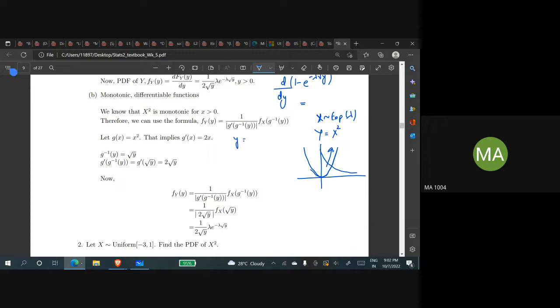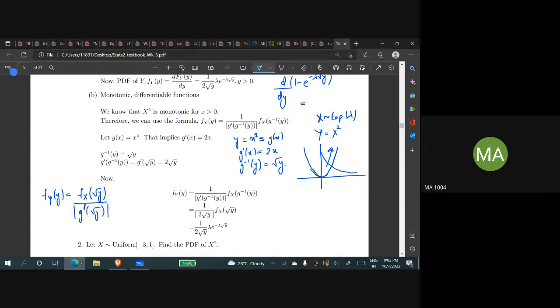All right. So y equal x square equal to g of x. What is g dash of x? It is 2x. And what is g inverse of y? It is root y. So fy of y is fx of g inverse y, that is root y, divided by mod of g dash of root y.